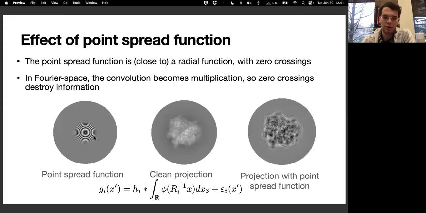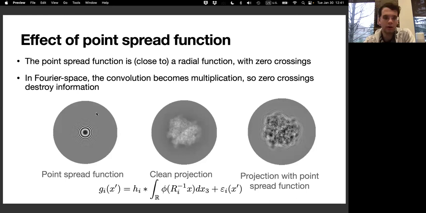This is an example of the point spread function in real space, but basically it's a radial function that oscillates around 0. As it turns out, in Fourier space, it also oscillates around 0. So it's going to have parts where it is equal to 0, which means that when we do this convolution, we're convolving with something that's 0 in Fourier space. So we get multiplication with something that's 0, and we end up destroying information here. Okay, so that's a problem.